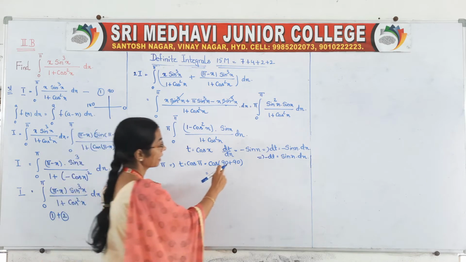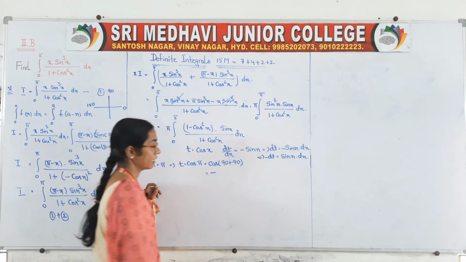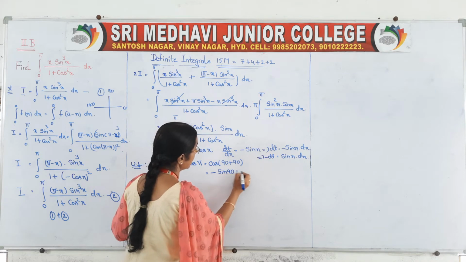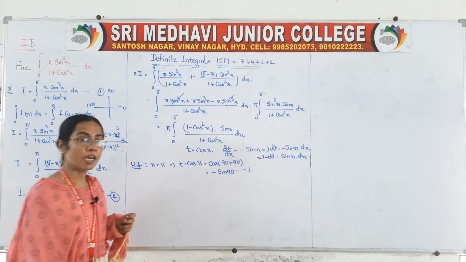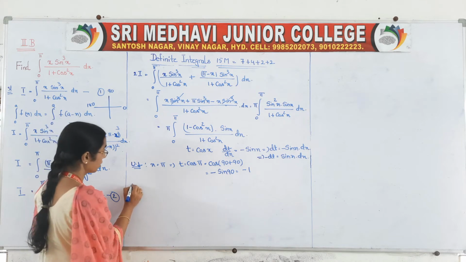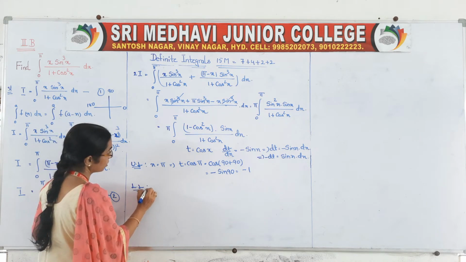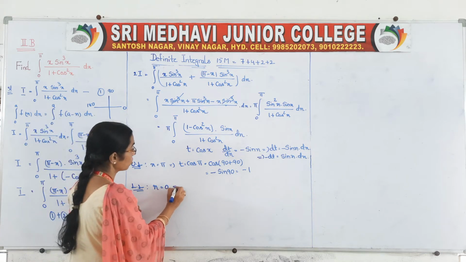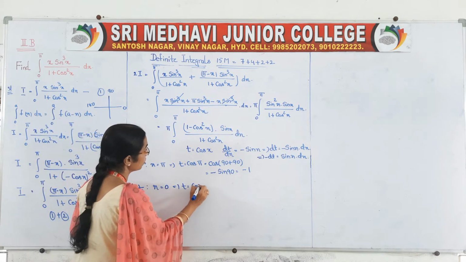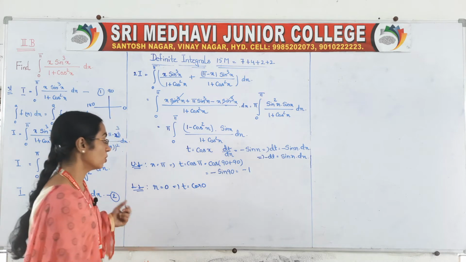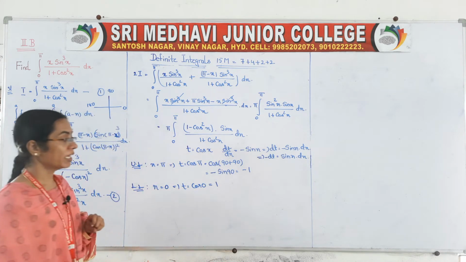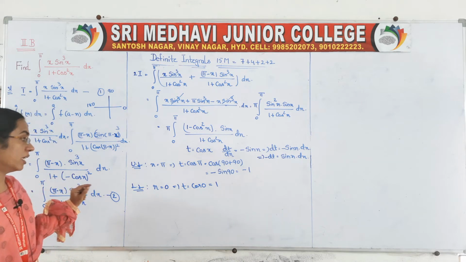In second quadrant cos is minus, and the ratio changes, cos changes to sin 90, so it is equal to minus 1. Similarly, you take the lower limit, x is equal to 0. So t is equal to cos 0, and cos 0 value is 1. Okay, so these are the limits.